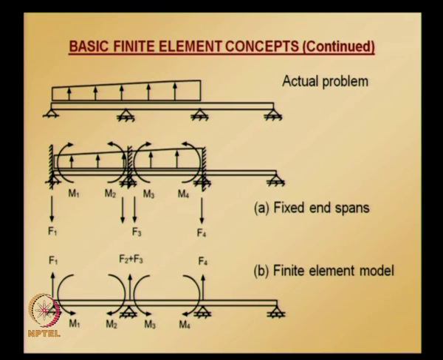And the sum of the two solutions, that is the figures shown in A and B, corresponds to the solution of the original problem, that is the actual problem shown in the first figure.